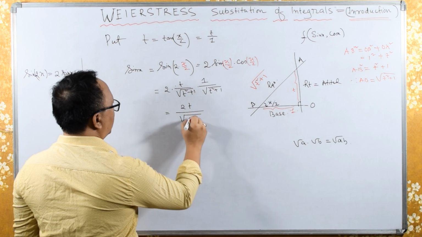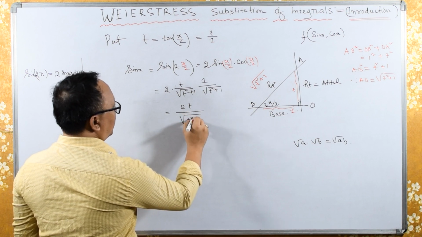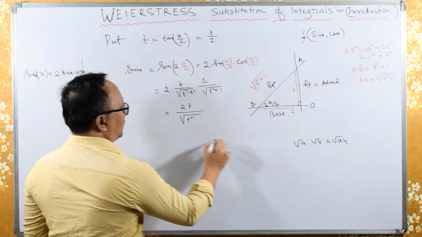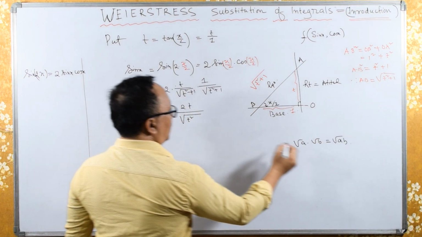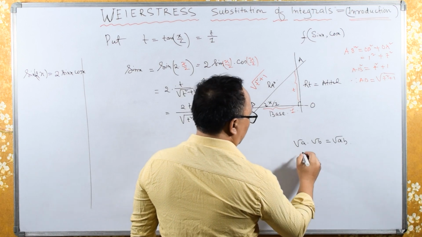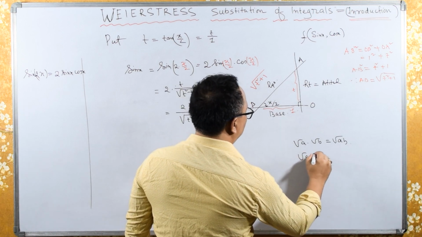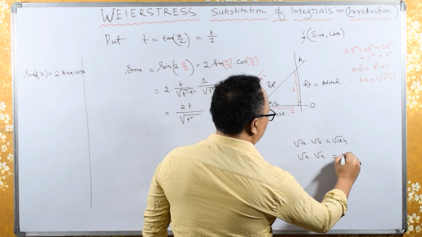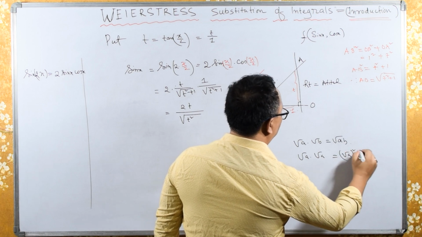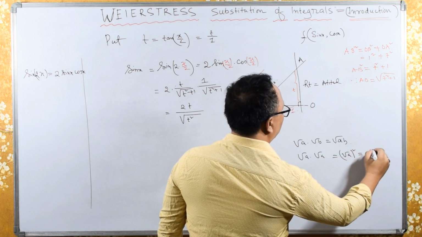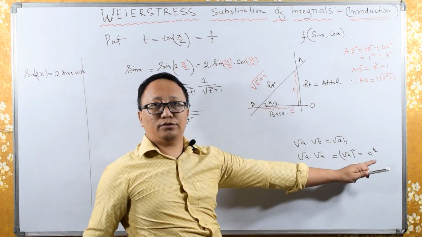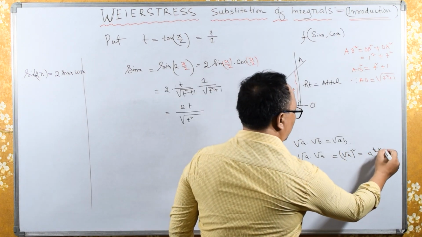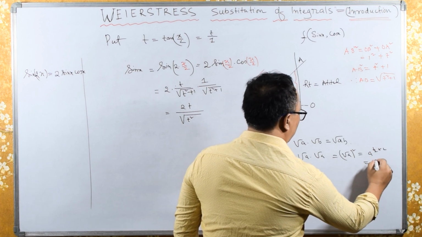This is the same as t square plus 1. Or you can say square root of a into square root of a is the same as square root of a, the whole square, which is a to the half into 2, which gets cancelled, and we have a.